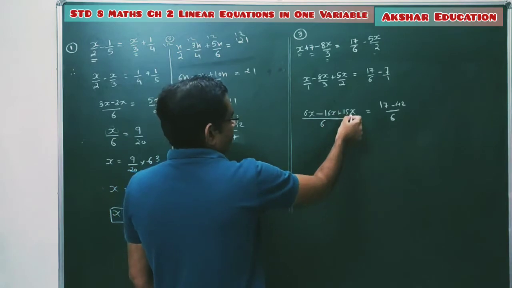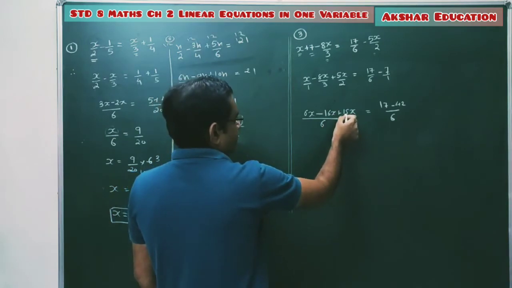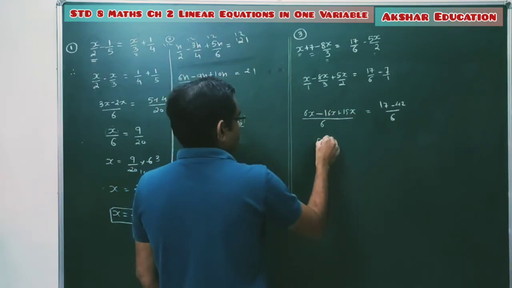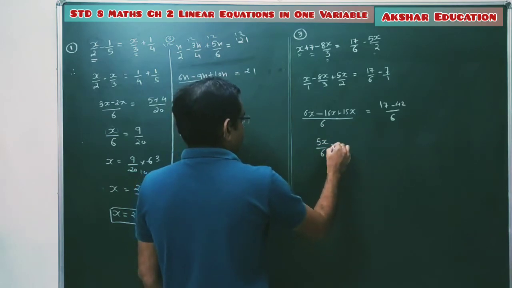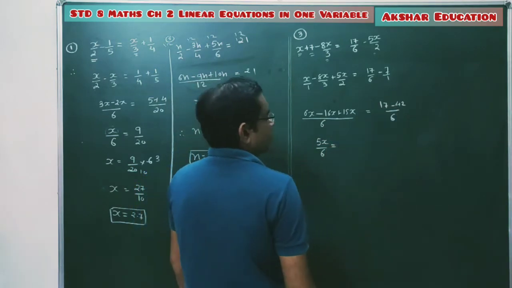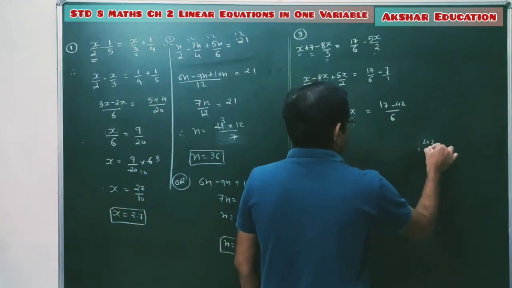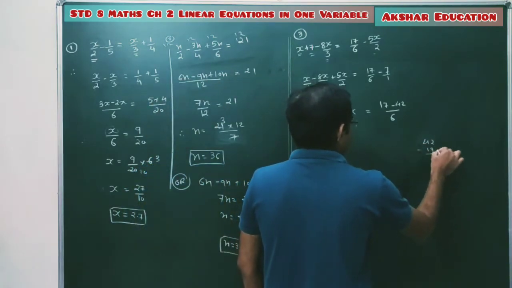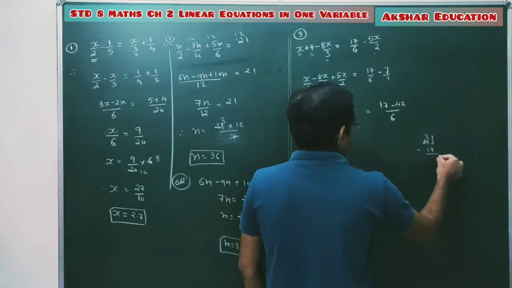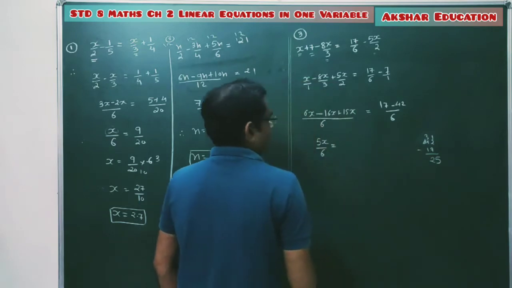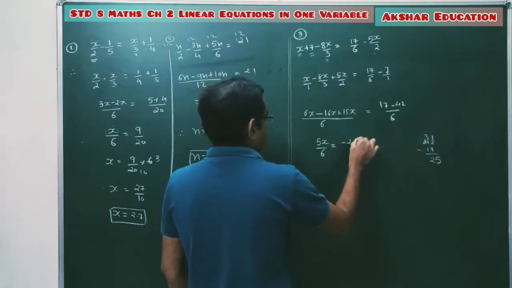So this one: 6x minus 16x plus 15x, so it's 5x by 6, equal to this one, 17 minus 42. So what is 42 minus 17? 25, so it's minus 25.